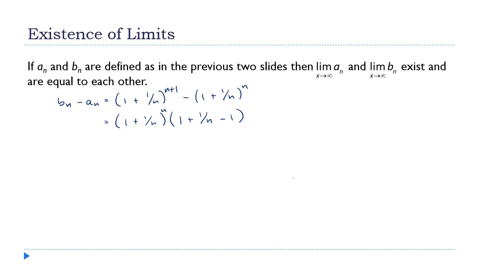That's to the nth power. So what is this? This piece here is just 1/n. So this is (1 + 1/n)^n times 1/n. And this first piece here is just a sub n again. So this is a sub n over n.